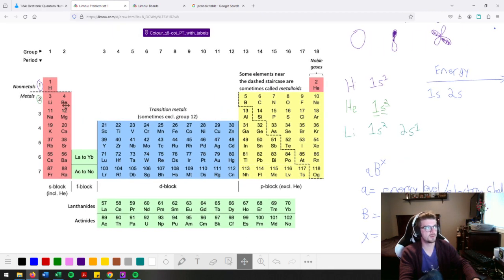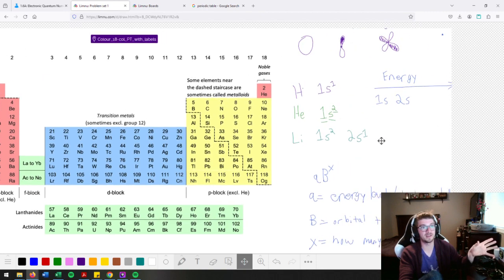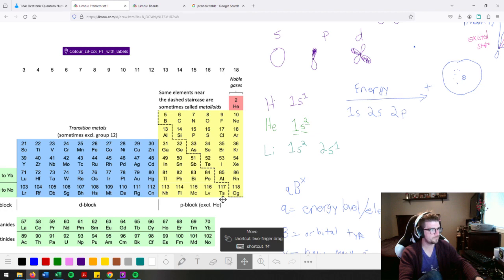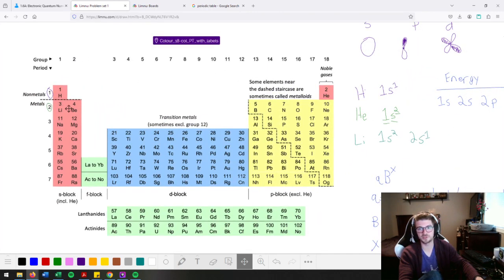Beryllium would be 1s2, 2s2, because we always fill up each orbital level before we move on to the next. So it goes to 2s, and then the next energy level is 2p. Once we fill up the 2s energy level with lithium and beryllium, we stay in the second row, but we go over to boron.